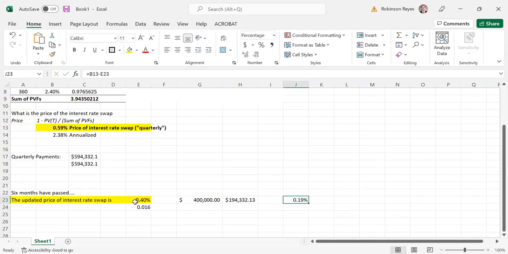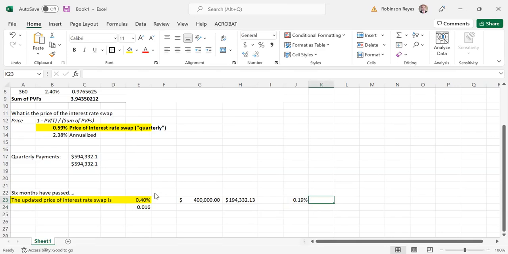So another way of seeing this is, well, your interest rate swap, which you opened 6 months ago when interest rates were higher, the price of the swap was higher, and therefore you're getting 0.19% more every quarter, which in annual terms is basically 0.78% more annualized than those investors who are entering into an interest rate swap today. So let's keep this representation here, which is just subtracting the 0.59 minus 0.4.